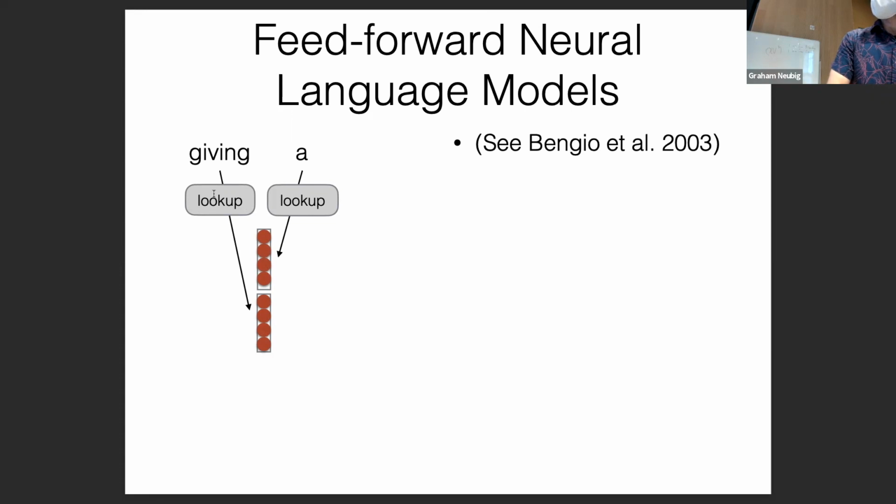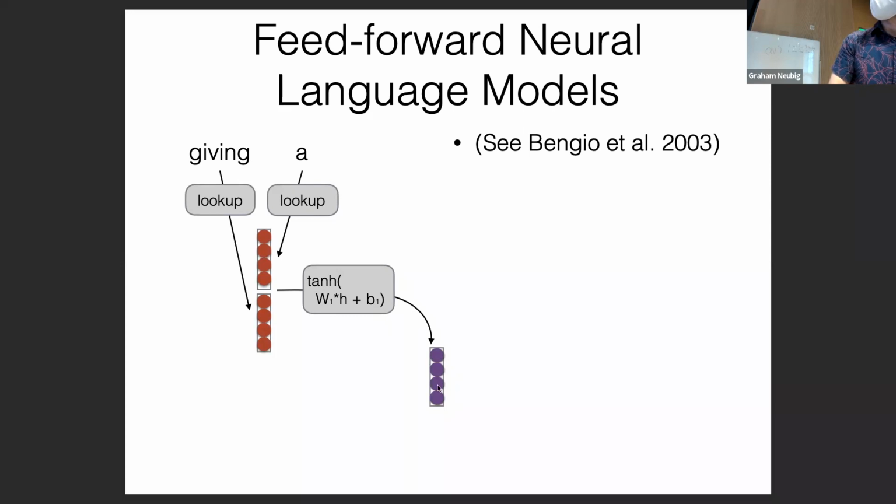The basic idea is we look up vectors that represent the previous n words. We run it through some feature transformation, in this case a hyperbolic tangent over a weight matrix multiplied by this vector representing the words plus a bias.